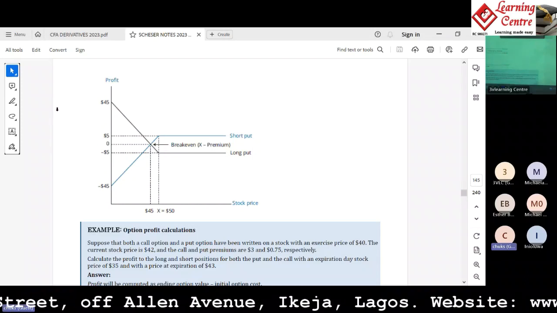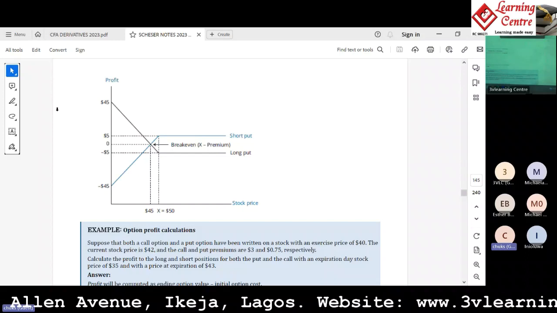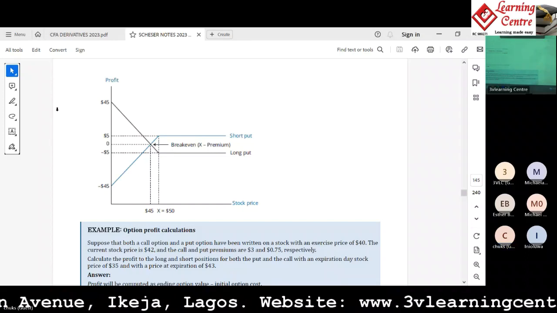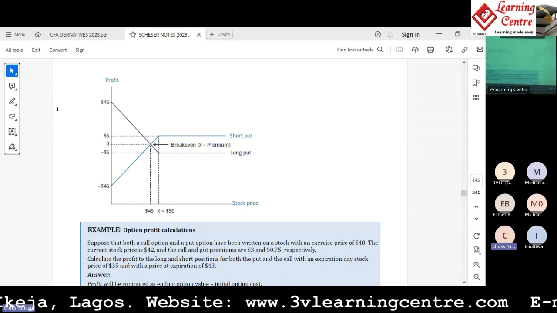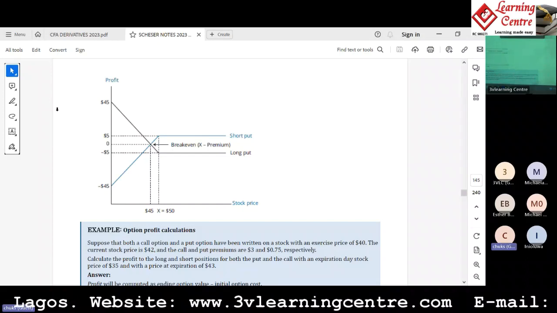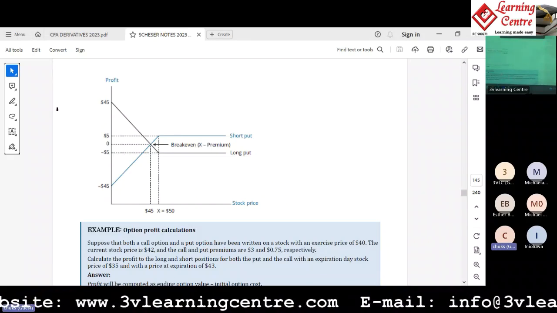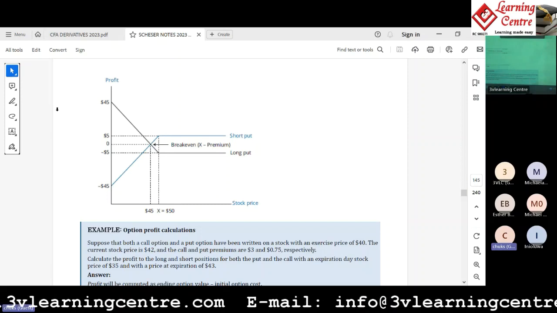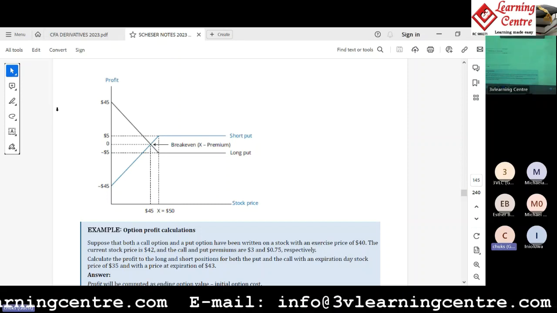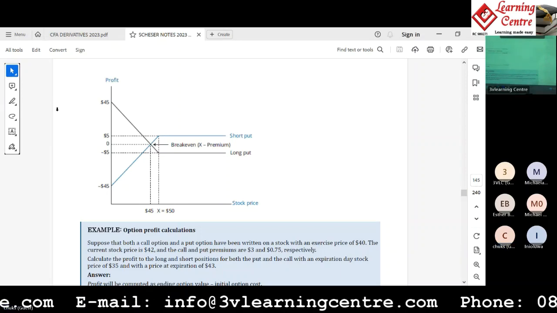So one person is buying a call option, one person is selling a call option at $35. Then that same $35 will now assume a put option. So in that put option, one person is selling a put, one person is buying a put option. So using $35 as an example, you have 4 scenarios, and then you duplicate that for the $43. Okay?